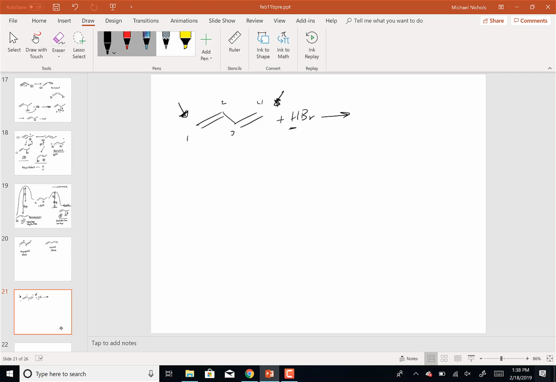Now I'll show you why that still is okay with Markovnikov's rule. So let's add the H+ to carbon 1. Oh, I need to take an aside here. Notice how I wrote from the double bond to the H+, the way the arrow is going. But if you didn't catch that, I'll do it again.